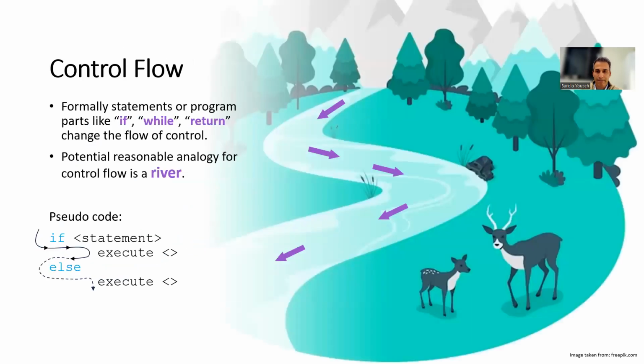The statements or program components such as if, while, or return alter the sequence of program execution, like how a river flow can be influenced or redirected in nature.